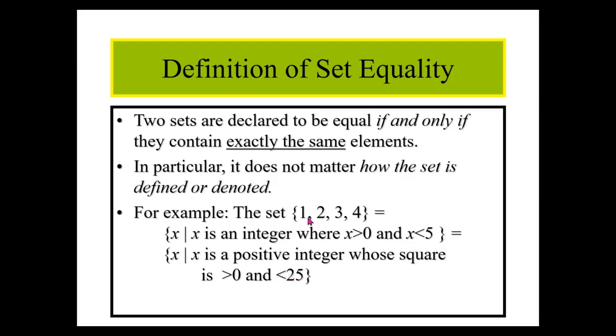So the elements in this set are those whose squares are greater than 0 and less than 25. It is nothing but again 1, 2, 3, 4. Here three sets are given and they are equal because the objects of all these sets are one and the same and they are identical. If that is the case, we can say that they are identical sets.